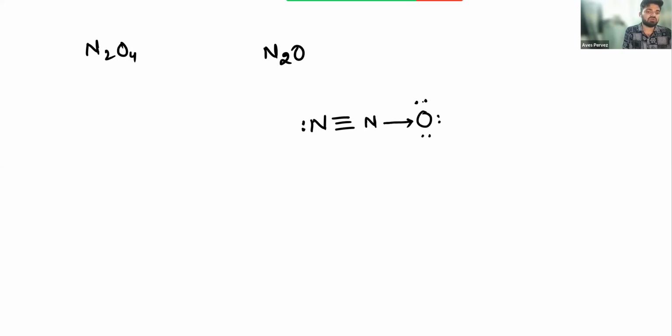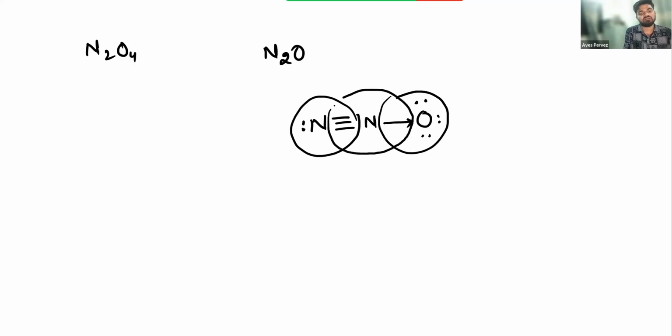So this has 6 already of oxygen and 2 shared here, so it is going to have 8. It is also going to have 8, and then it is also going to have 8. Since it is donating, it is going to have a positive charge. This is accepting, so it is going to have a negative charge. Got it?